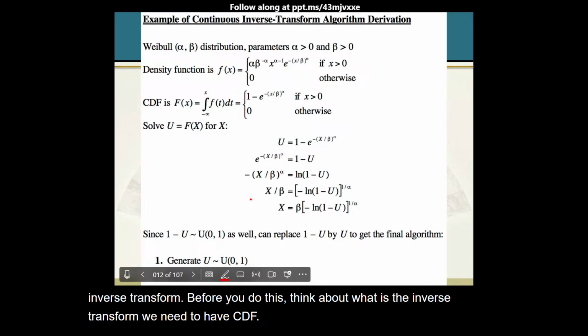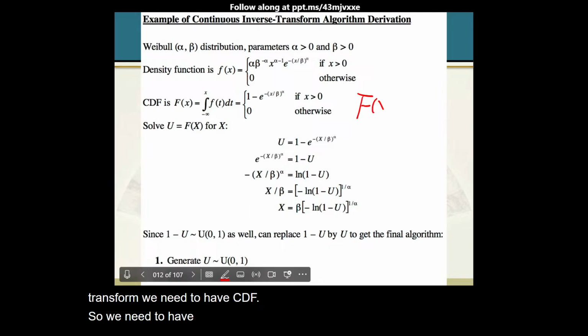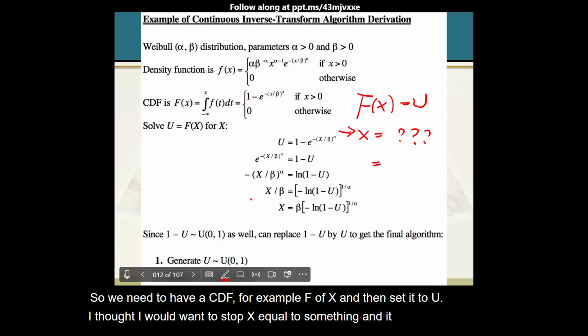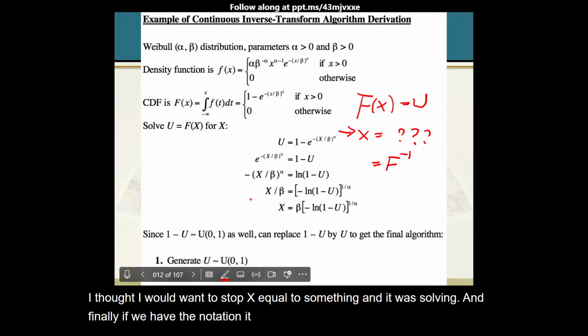We need to have a CDF, for example, F of x, and then set it equal to u, so that we want to solve for x equal to something, and you will solve it. And finally, if we have the notation, it should be the inverse transform, right?